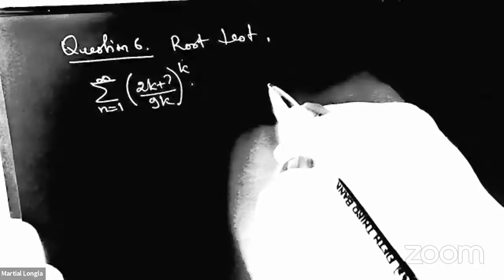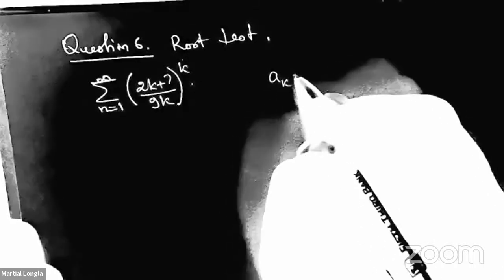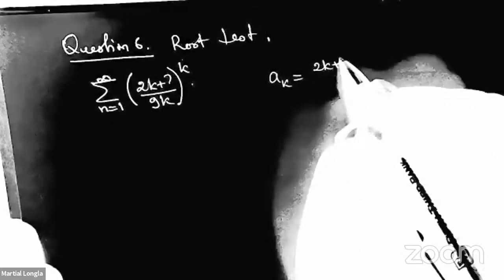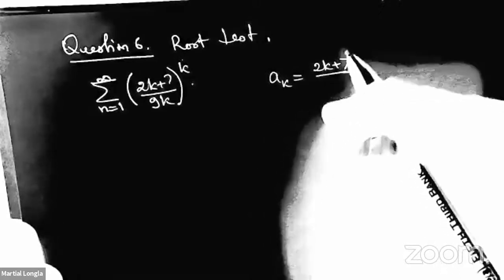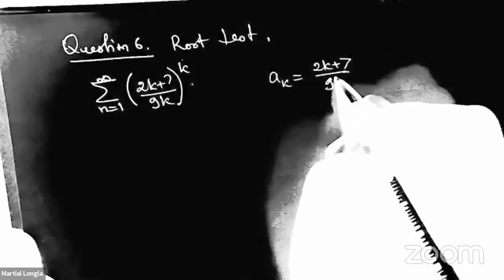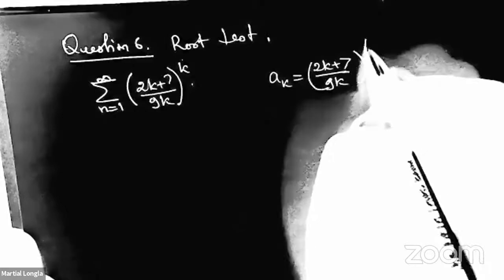And I said, when you see something like this, you understand that even if we don't tell you it's root test, you understand it's going to be root test because everything is raised to the power k. So ak is 2k plus 7 over 9k raised to the power k.